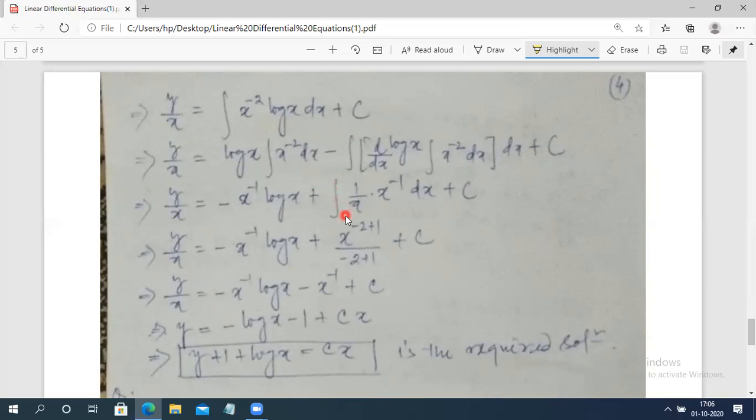So plus integration of 1 by x inverse dx plus c. This is x raised to the power minus 2. When you integrate it, x raised to the power minus 2 plus 1, plus c, and this minus sign again will come here, and y by x is equal to minus of x inverse log x minus x inverse plus c, and then after simplifying this you will get the answer.